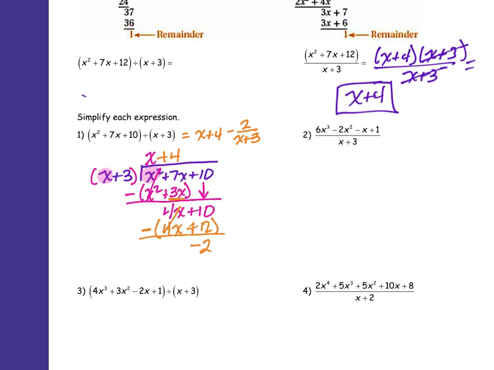Because, honey, when I distribute the x here, so I'm distributing, right? So x times x is x squared, and x times 3 is 3x. And then when I distribute the 4, 4 times x is 4x, and 4 times 3 is 12. Did that help? Did that answer your question? Yeah, it did. Okay.